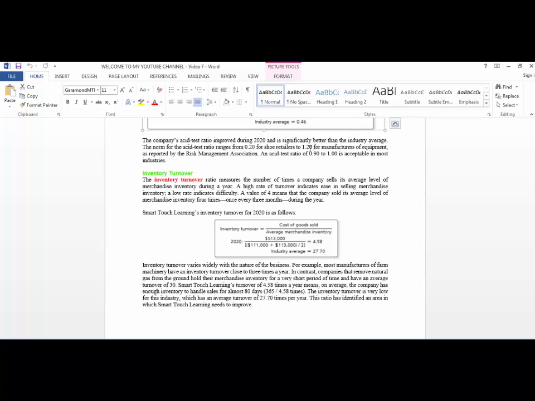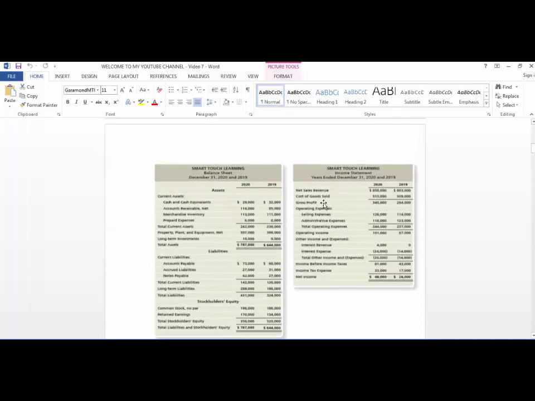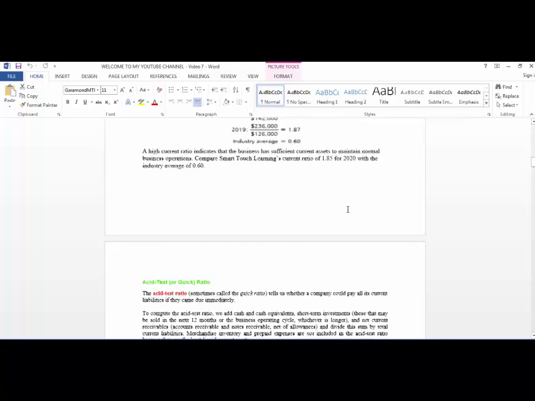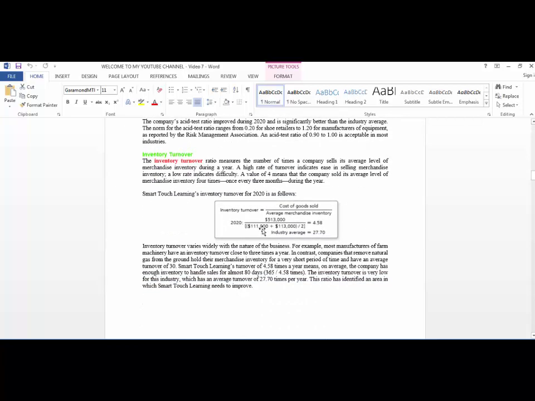The cost of goods sold for 2020 is from the income statement. So it is 13,000 divided by the average. Average means we add the 2020 and 2019 data, divide by 2, then we have 4.58. This 4.58 value indicates the company sold its average level of merchandise inventory 4 times, once every 3 months a year. Okay.